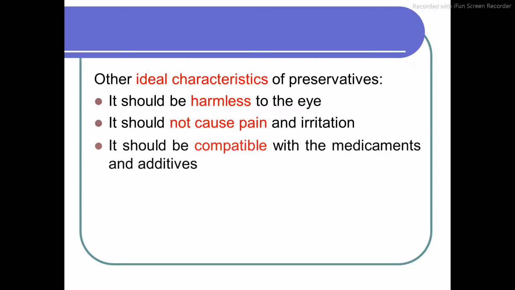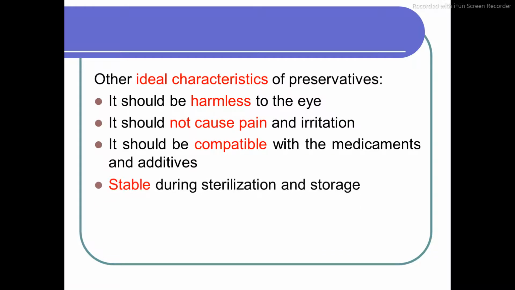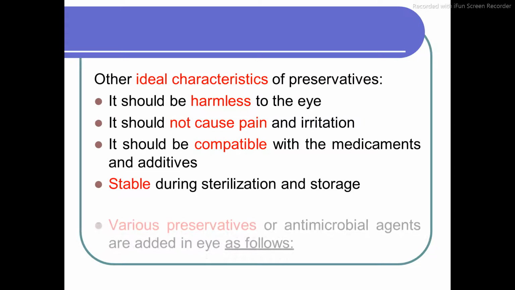It should be stable during sterilization and storage. Whatever preservative we are using must be stable at higher temperature. Some preservatives may become unstable or are heat labile, so your preservative must be stable under sterilization.